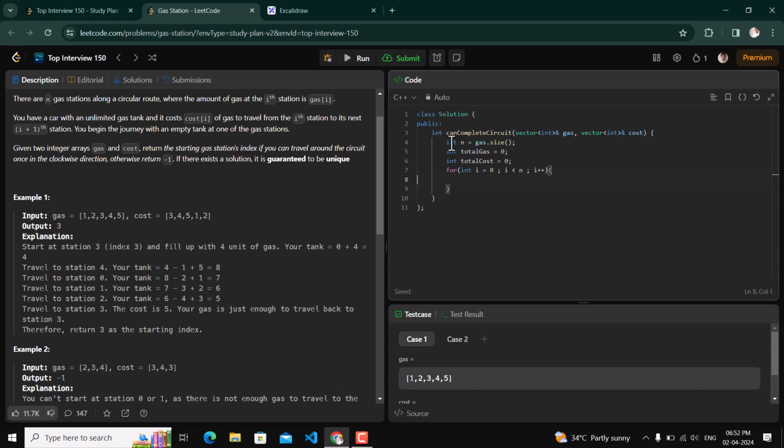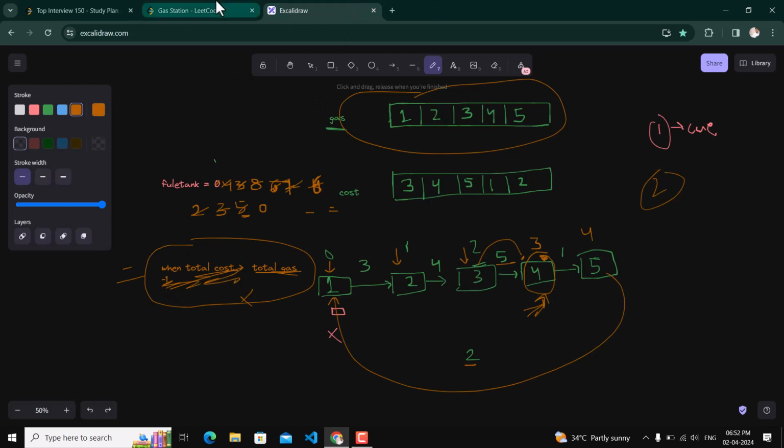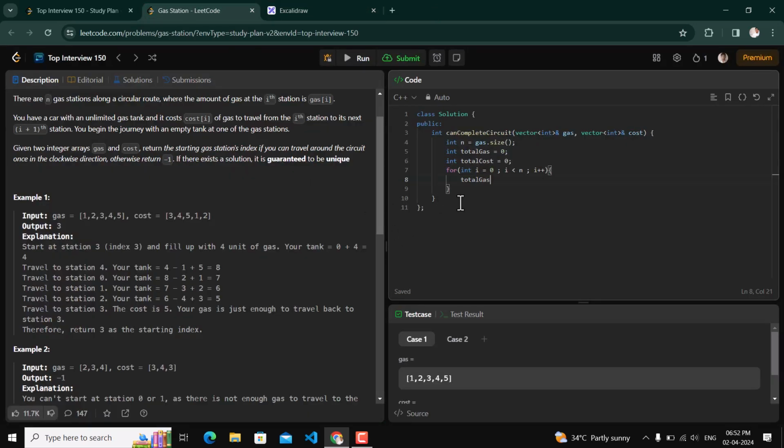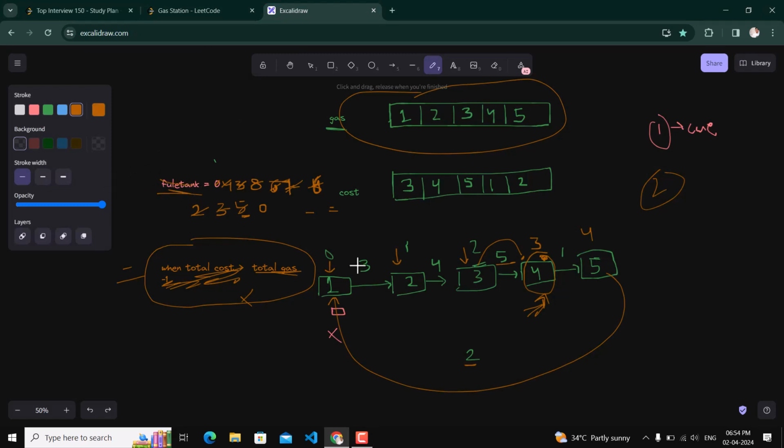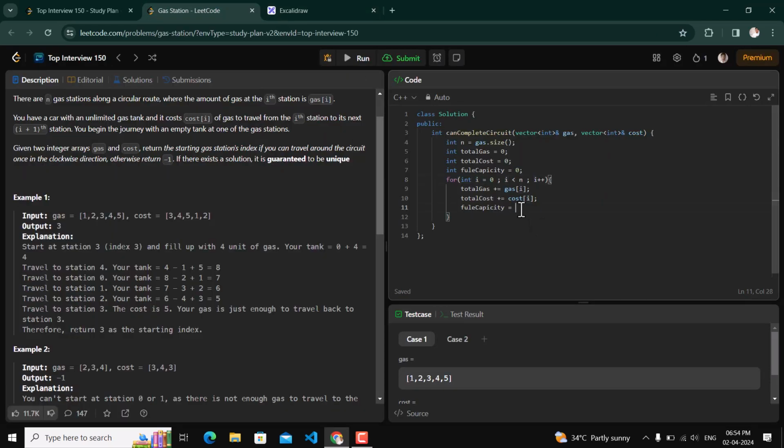First of all what we will do, we will add to total gas and total cost, because we have to look for the scenario when total cost is greater than total gas. So we will do that in the same loop. Total gas plus equals gas of I, and total cost plus equals cost of I. Okay, we will have this integer variable fuel capacity, which is the current fuel.